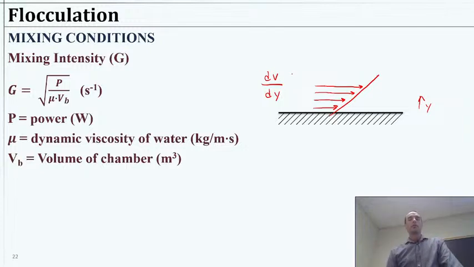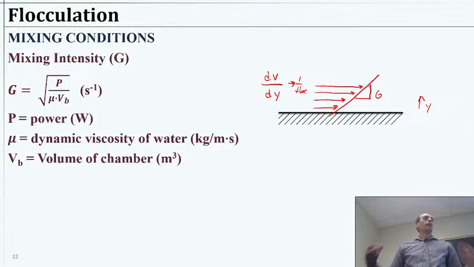And if you look at the units of that, that would be distance per time divided by distance. So this goes to 1 over time. So that means this gradient here is G, and we'll leave that in per second.